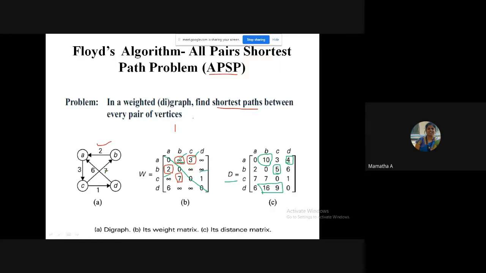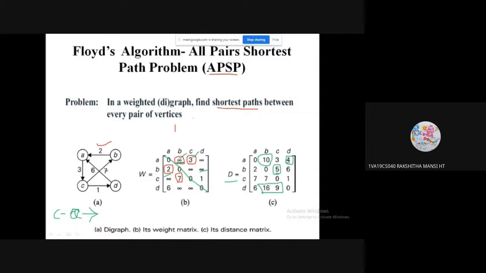Let me check a few. DC is 9, that's the only path. DB also is the only path. Fine. CA. Give me the paths for CA, students. What are the different paths between vertex C to A?